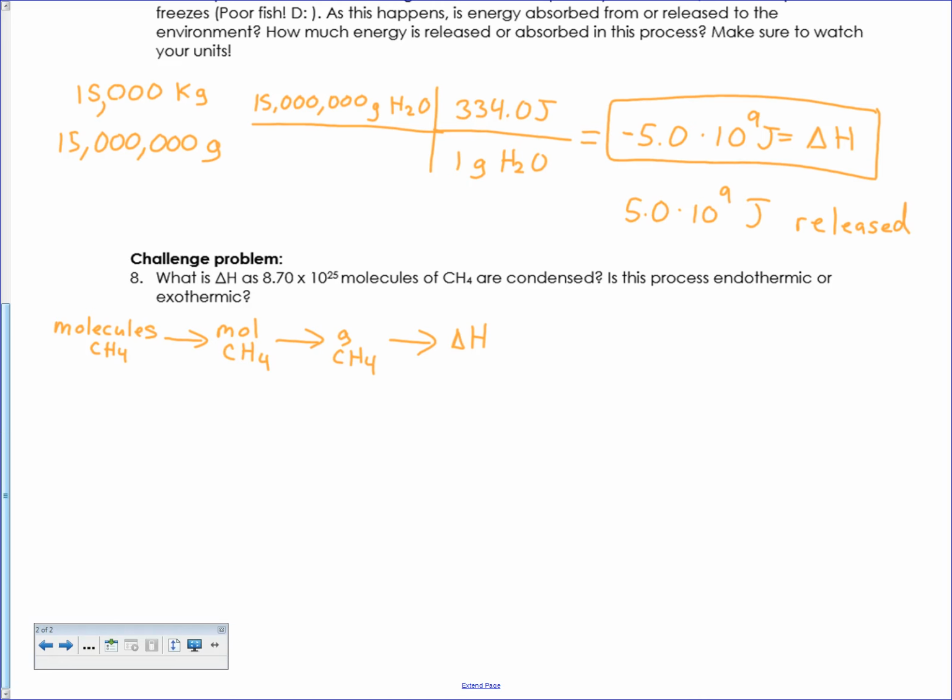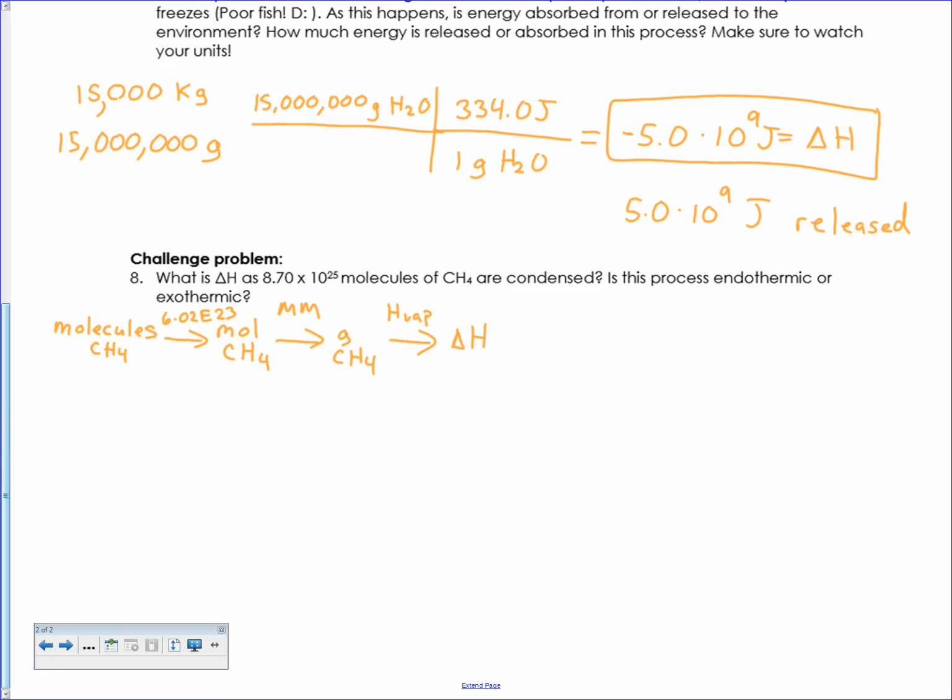So molecules to moles, we're going to use 6.02 times 10 to the 23rd is our conversion factor, molecules to moles. Moles to grams, we have to use the molar mass. Okay, grams to delta H, because this is condensation, as I said, it's HVAP that we'll be using.